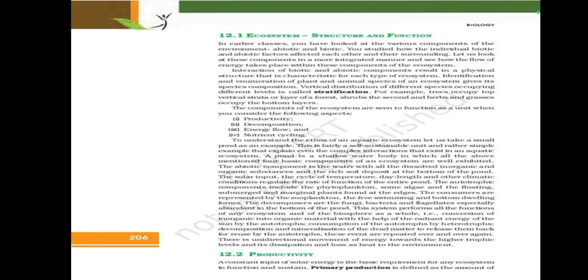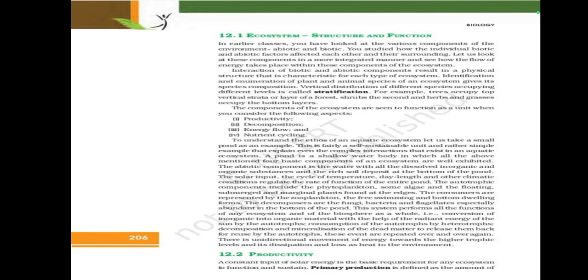The autotrophic components include the phytoplankton, some algae, and the floating, submerged, and marginal plants found at the edges. The consumers are represented by the zooplankton, the free swimming and bottom dwelling forms.